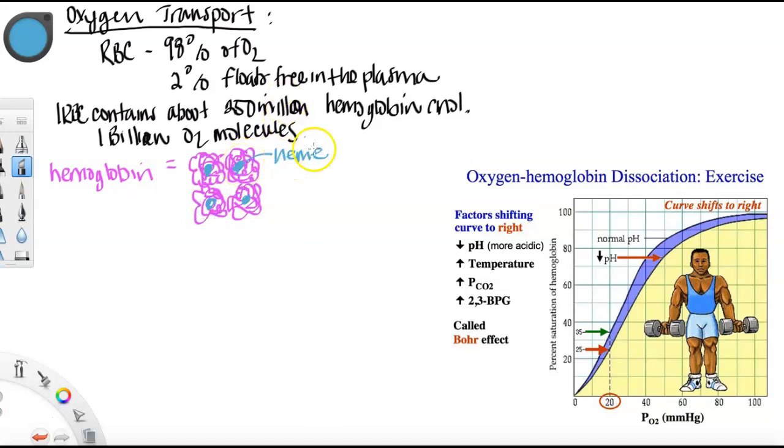And the heme molecule has an important thing in it called iron. And iron loves oxygen. It is the iron that binds to the oxygen because it's really sticky towards it. The oxygen just sticks to it like glue, like a magnet.